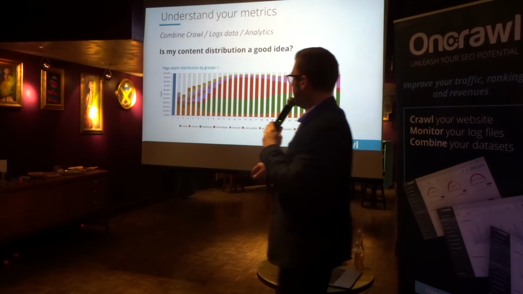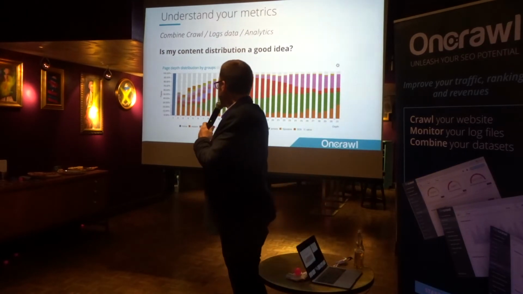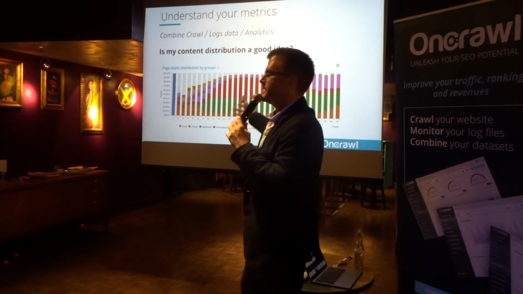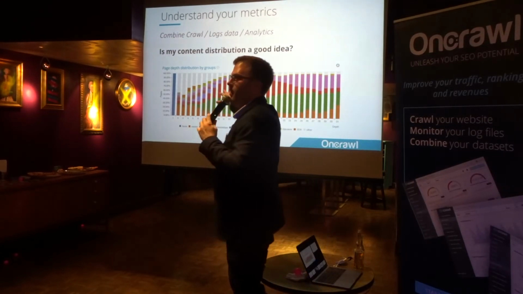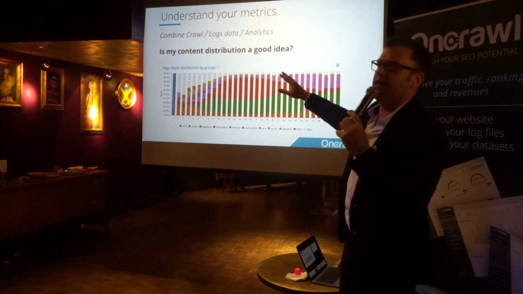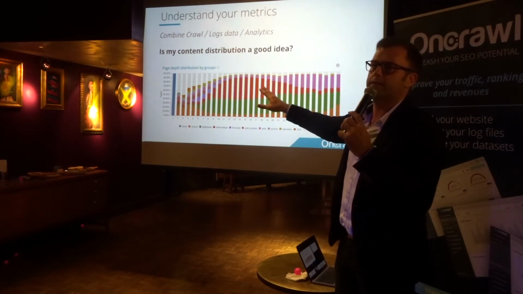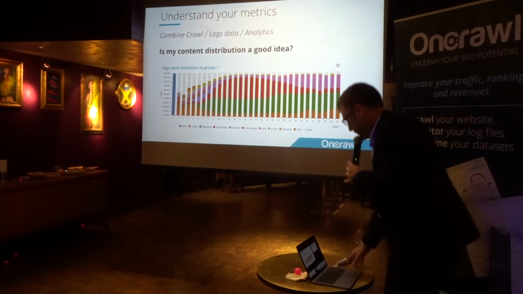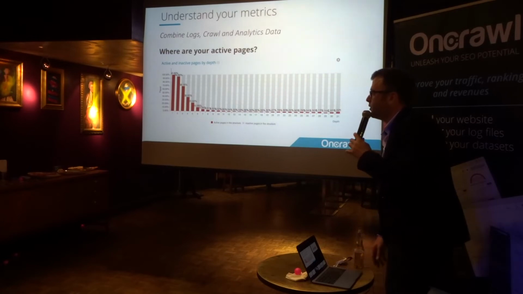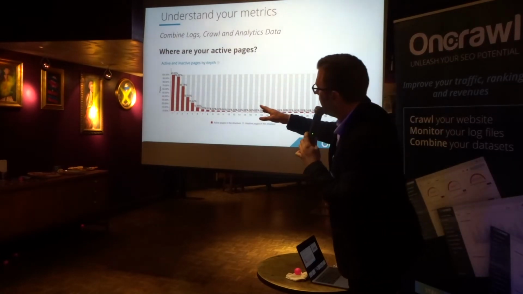So they are selling phones, computers, fashion, and let's say, imagine that the red category, which is the computer category, is their main target. So you see previously that they are only generating traffic from page level 1 to let's say 5.